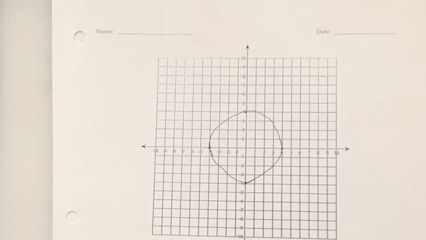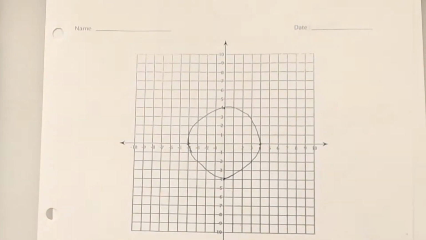Let's look at this example right here and find the equation of this circle. Where's the center? At the origin. If the center's at the origin, then all I really need to know is the length of the radius. I drew it in such a way that you can tell me the length of the radius. What is it? 4.